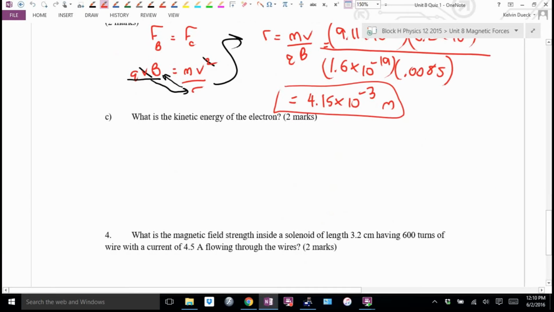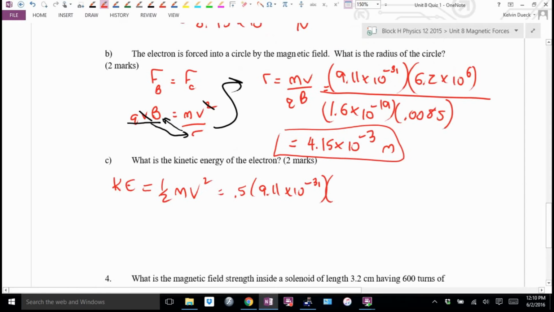I also have no problem asking you, hey, what's the kinetic energy? KE is a half mv squared. That hasn't changed. Oh, you know what? This is straight plug and chug. Mass, it's an electron. V, they gave me 6.2 times 10 to the 6th. Squared!